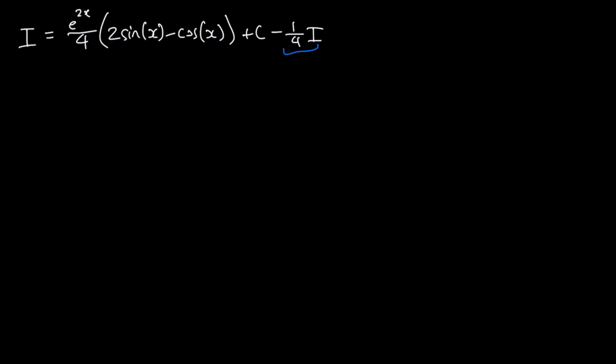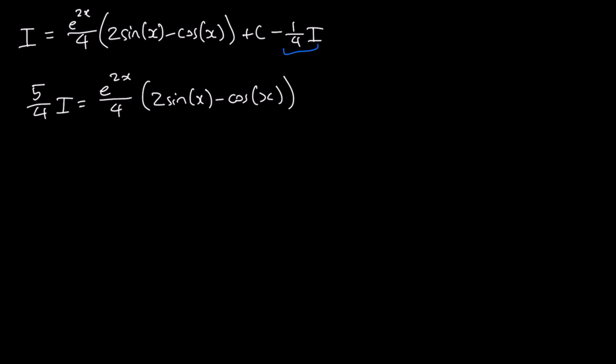We can take this I and move it to the other side, and we have 5 over 4 I equals e to the 2x over 4, 2 sine x minus cos x plus c.